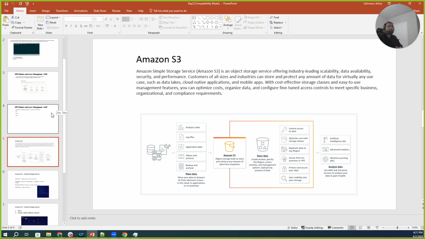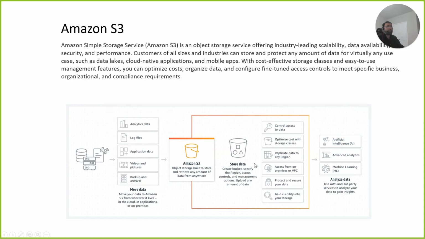Coming back to S3, Amazon S3 is one of the services wherein it stores any kind of file. It has 5 TB of initial data you can store with one bucket, and subsequently you can increase that.